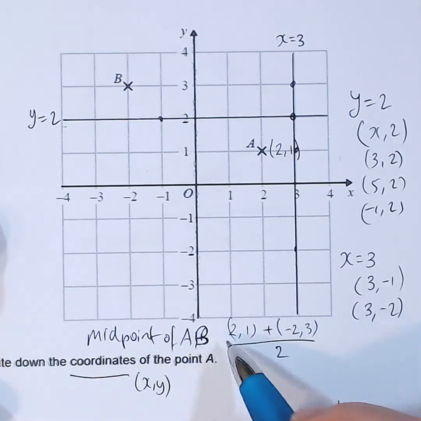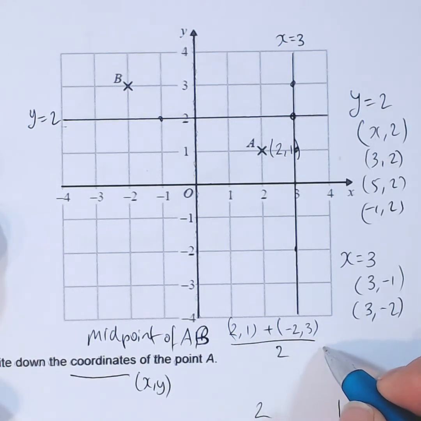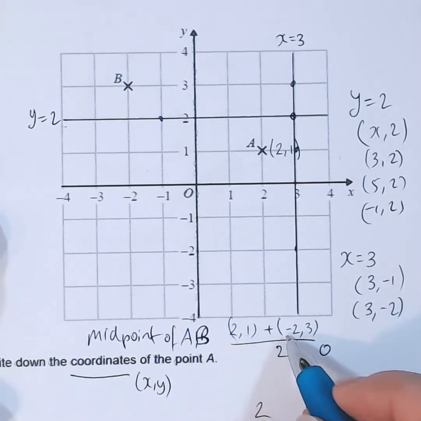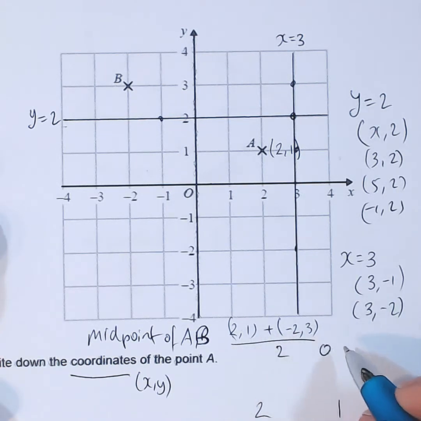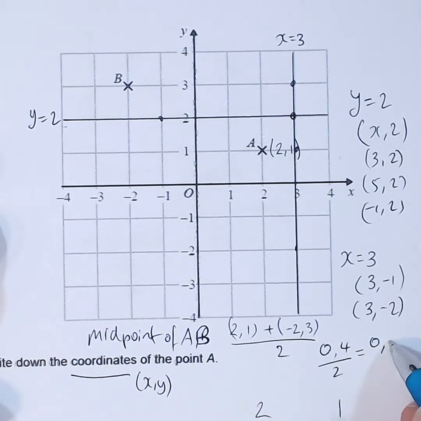So we want the midpoint of coordinates, then we add the two coordinates up and then we halve that value. So we add the x numbers up to give us 0, because 2 plus -2 is 0, and 1 plus 3 is 4, and then we halve that value, so we end up with 0, 2.